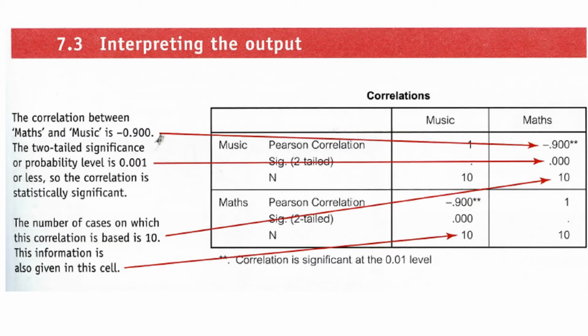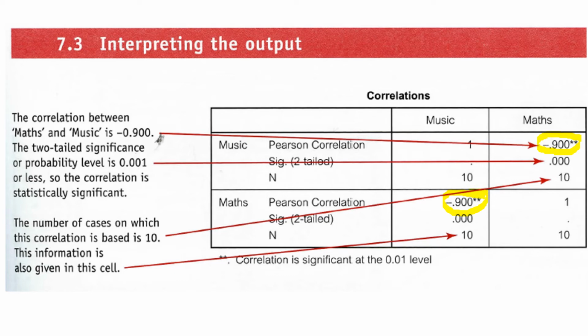This is the output of the Pearson correlation analysis. In our example here, we are correlating the math and music variables, and you can see here that there is negative 0.900, and there are two asterisks here. The same in here.